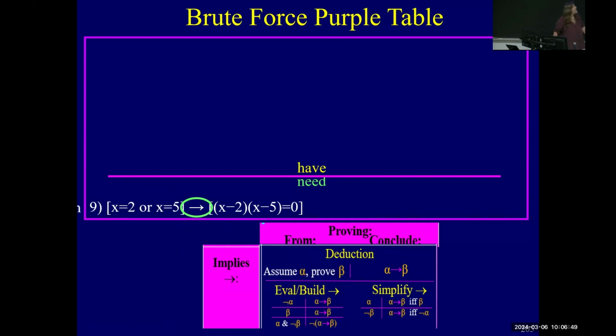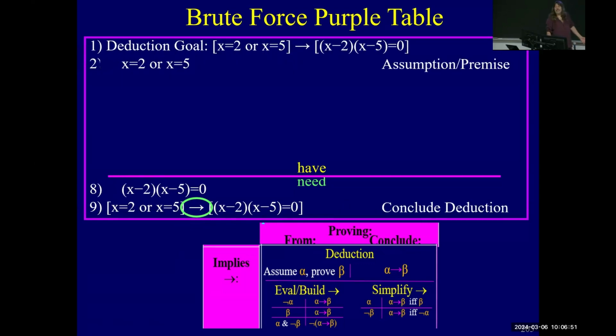So then we can just bang in the deduction steps. I start by saying, hey, we're going to do deduction. I state what our goal is that we're trying to prove. I then put the assumption that the left-hand side is assumed.